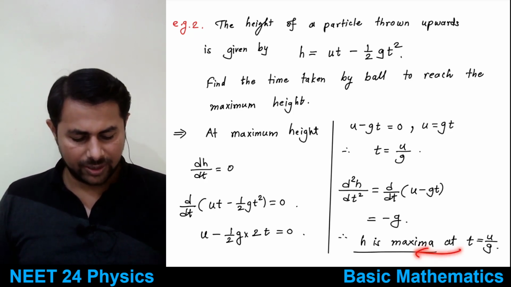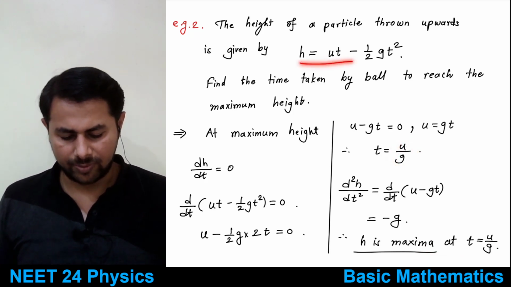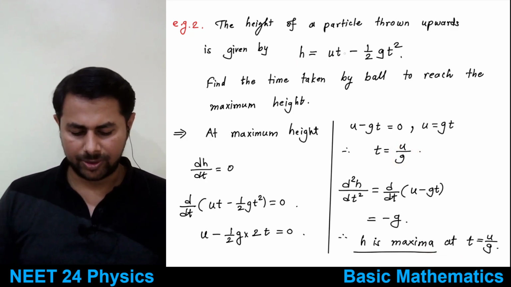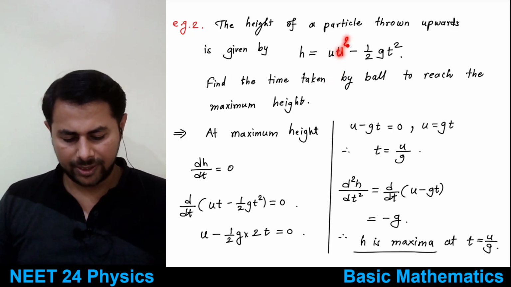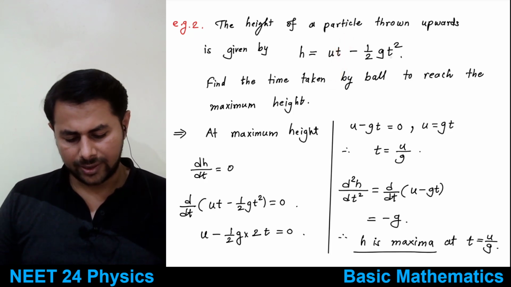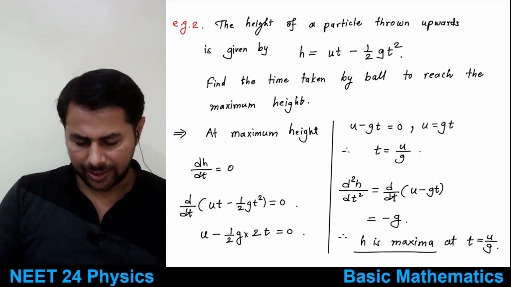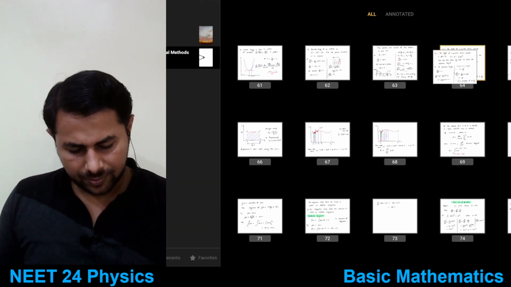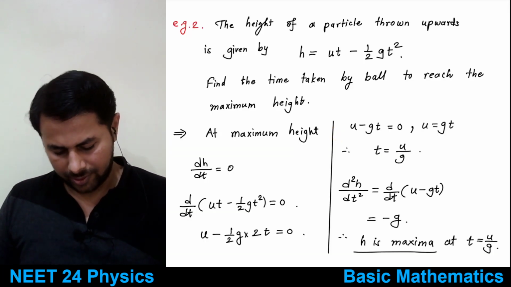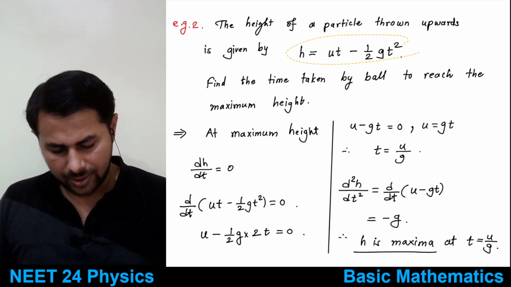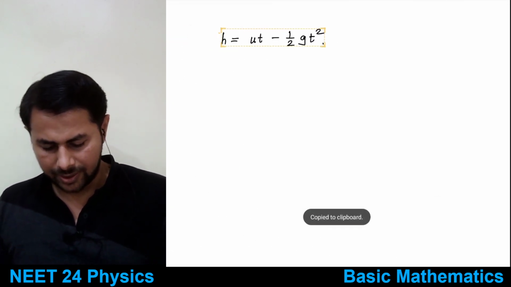And how to find out that maxima? Just substitute t equal to u by g in this formula of h. If you substitute t equal to u by g, then this thing will become u square by g minus half g times t square. We can substitute that and find out. All right, so this is the equation for height.